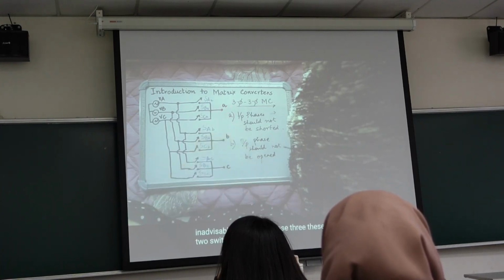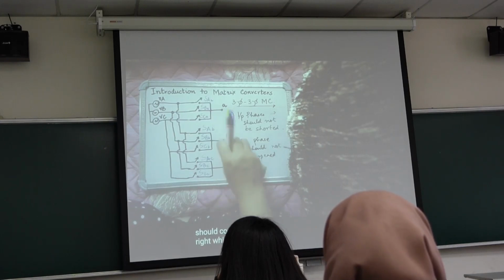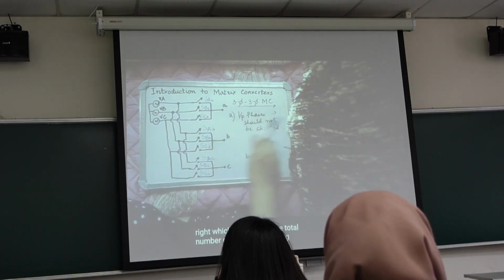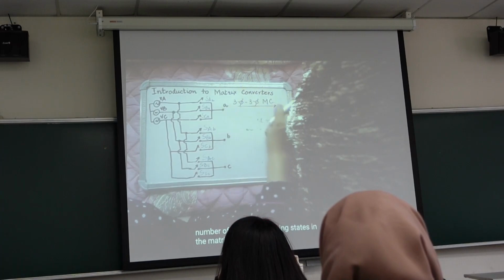So keeping these two switching rules in mind, we know this is the basic rule. Every group, only one switch should conduct, so input cannot be short circuit. Output, at least one switch should conduct, so output cannot be open circuit. Which brings us to the total number of feasible switching states. How many feasible switching states does a matrix converter have?